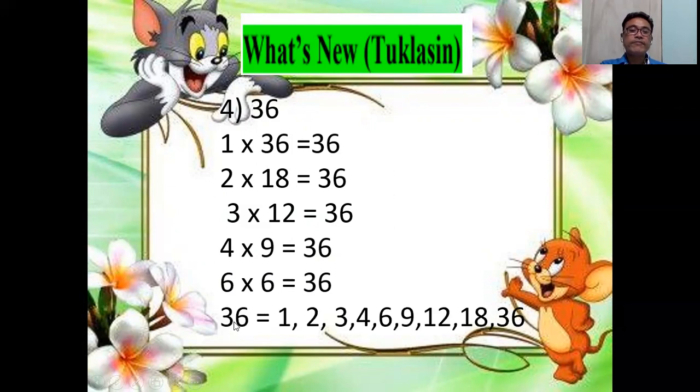And these are the factors of 36. We have 1, 2, 3, 4, 6, 9, 12, 18, and 36.